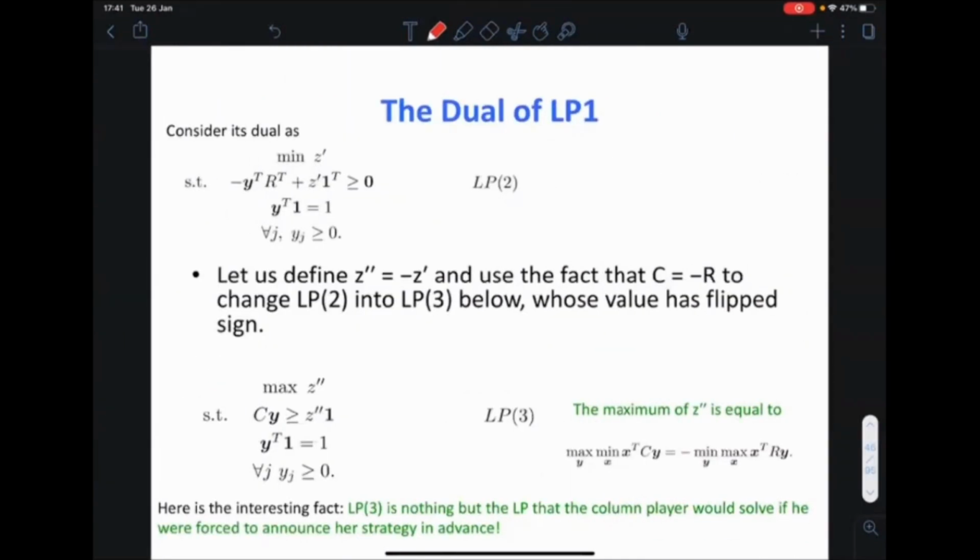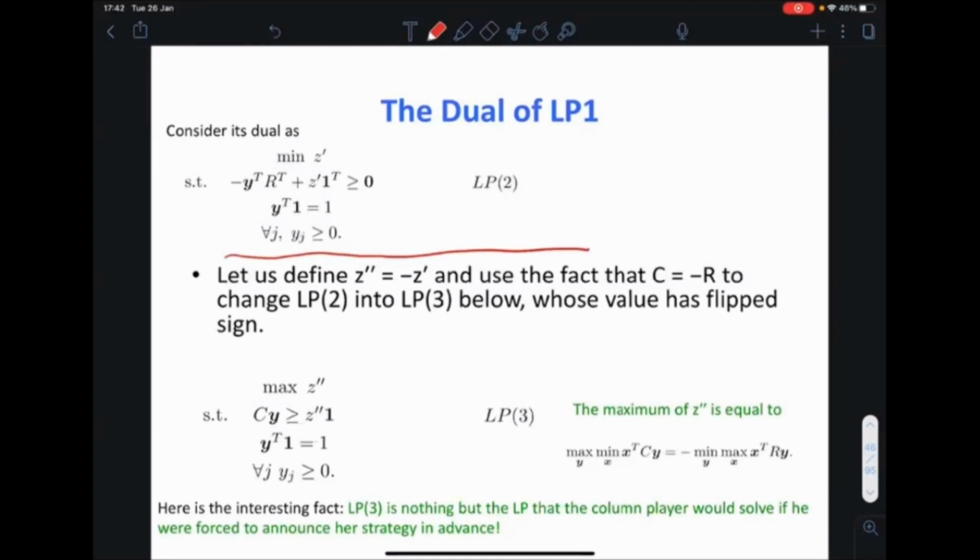Then we can write down its dual. This dual is basically this: I want to minimize Z prime, and this follows exactly the primal-dual relationship between the two LPs. We can do a bit of transformation, because this is not exactly what we want.